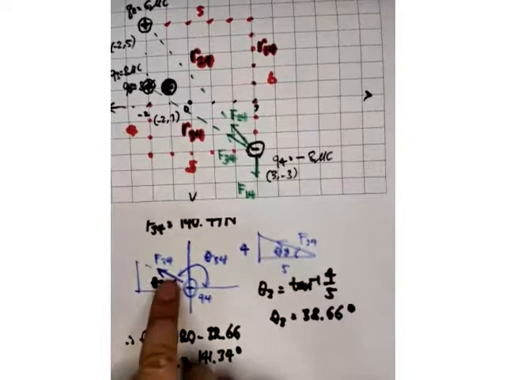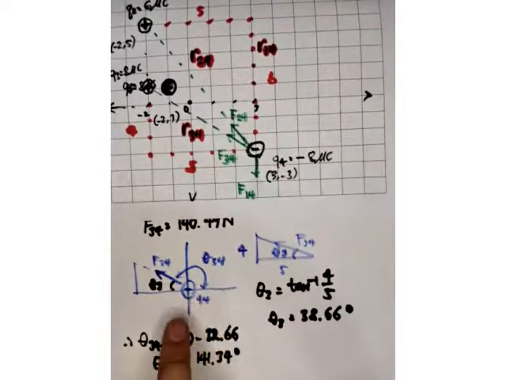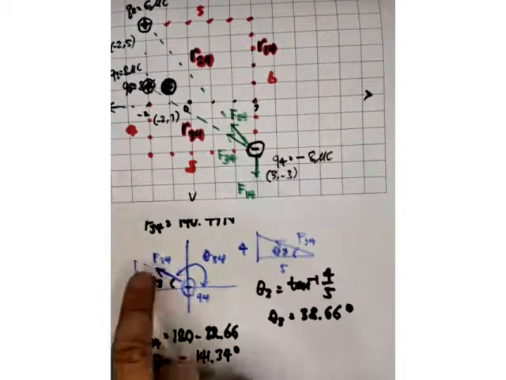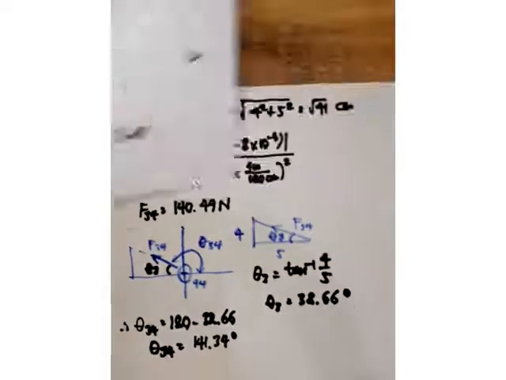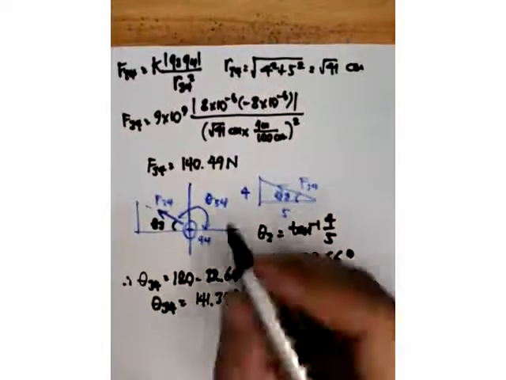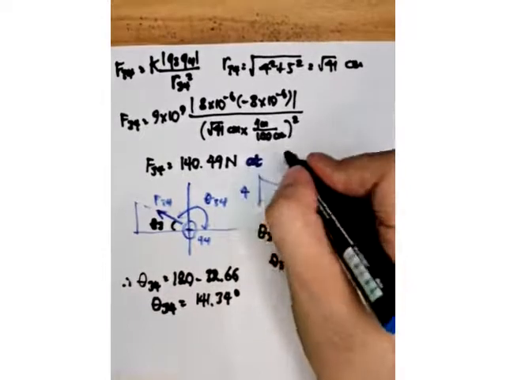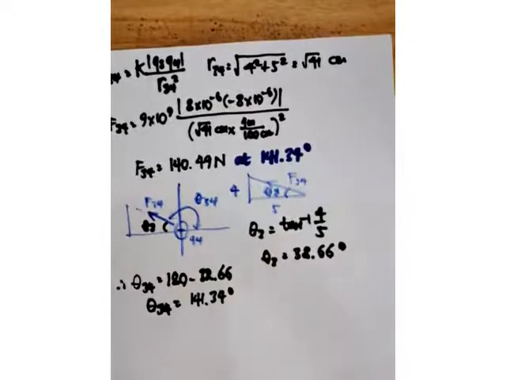Kita lang po yung angle na to, that is 38. And then yung buong ito is 180. So, isa-subtract ko na lang yung 38.66 sa 180 para makuha ko yung direction ng F34 natin. Okay, so that means, okay, the direction of our third force or force 34 is at 141.34 degrees.